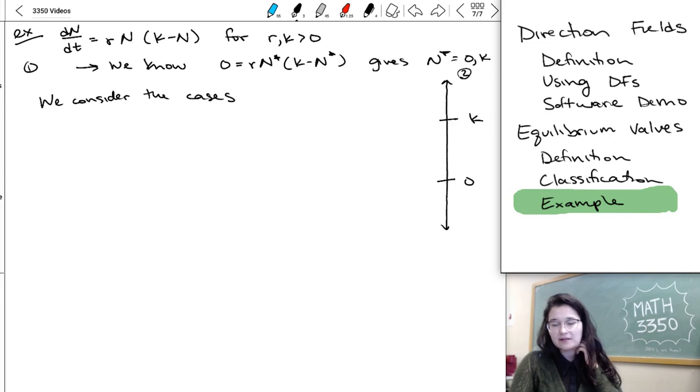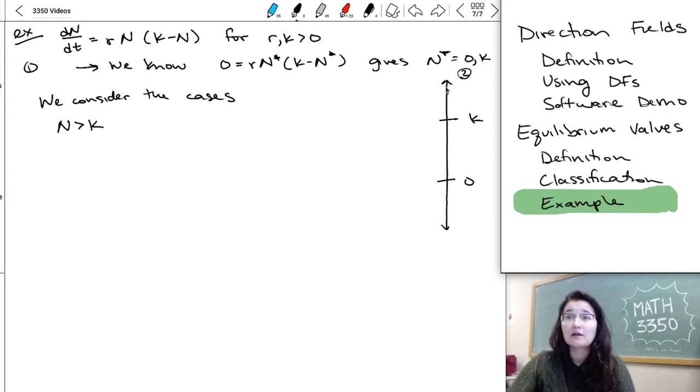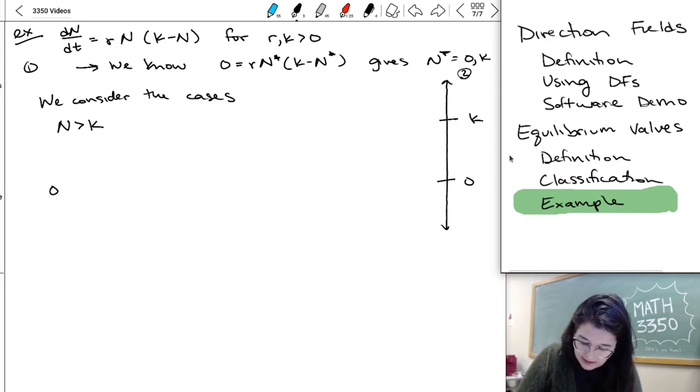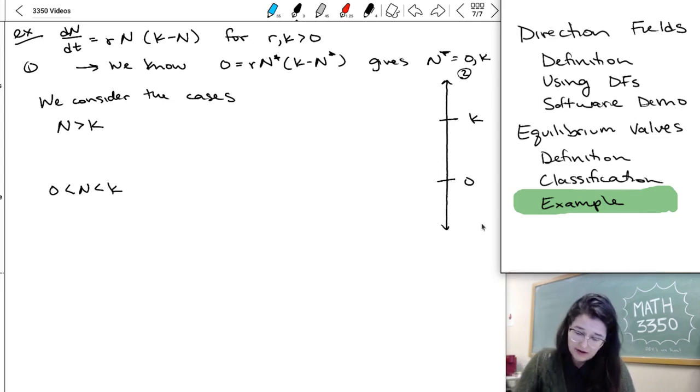And so we're going to break this up into different cases of what we're thinking about. So we've got this side right here above K. That's going to be when N is bigger than K. This part right here in the middle is going to be when N is between 0 and K. And then this part down here below 0 is when N is less than 0.